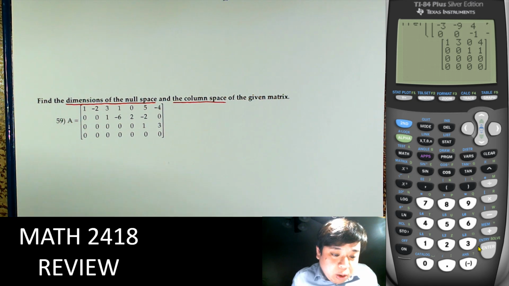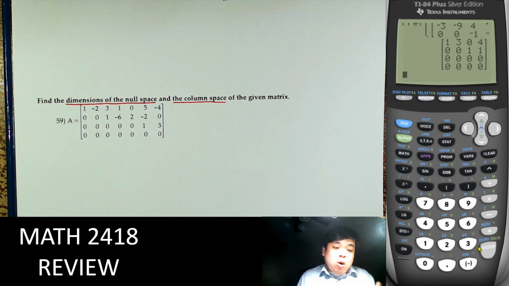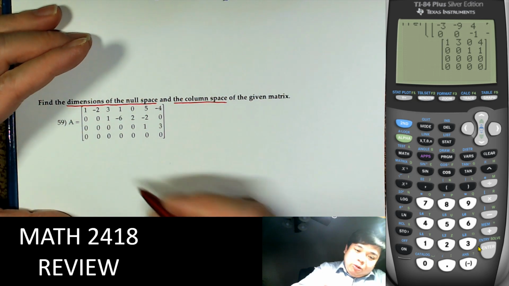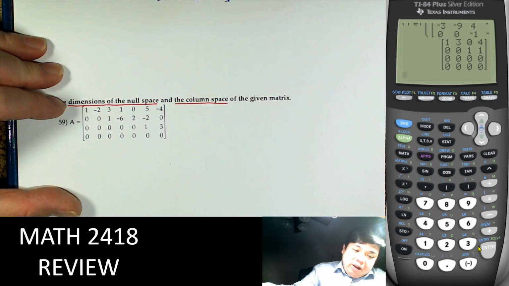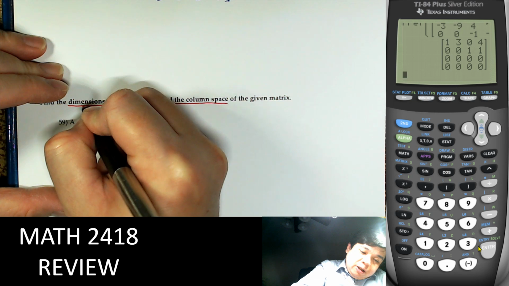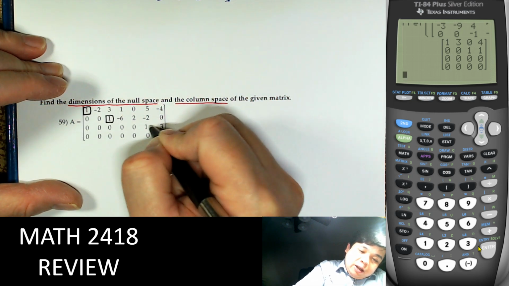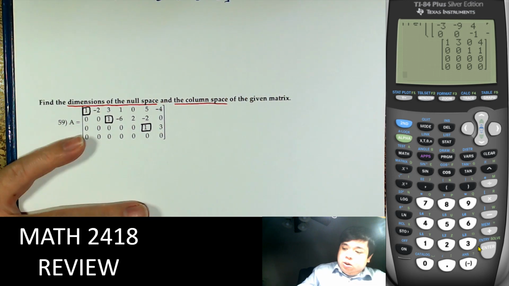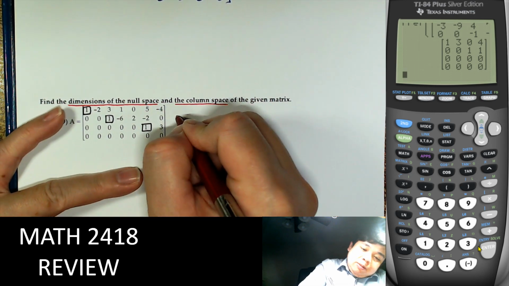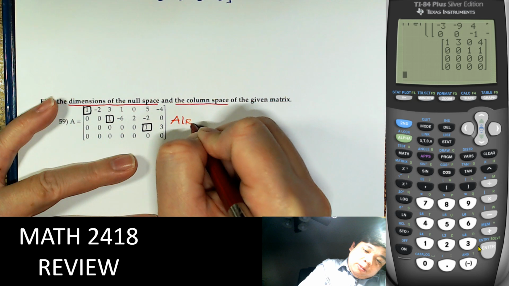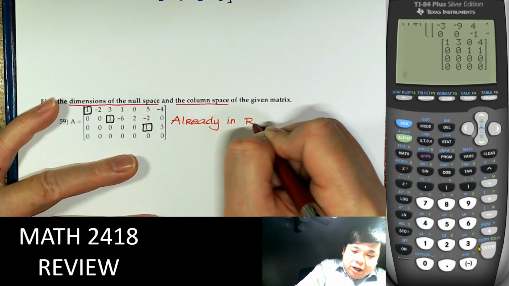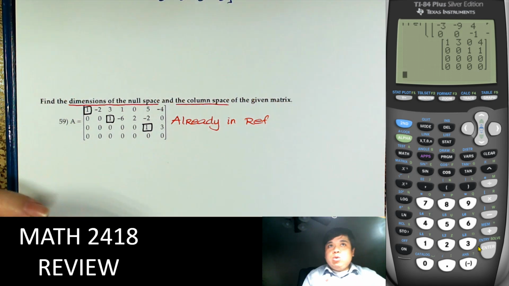The good thing is when we look at this matrix, well, it is already in the row echelon form. So we should note that we have the pivots here, here, and here. So we say this is already in row echelon form. Right, so just go from here.